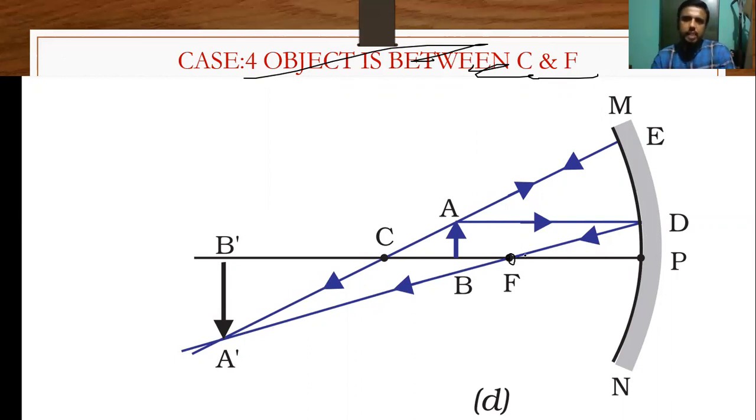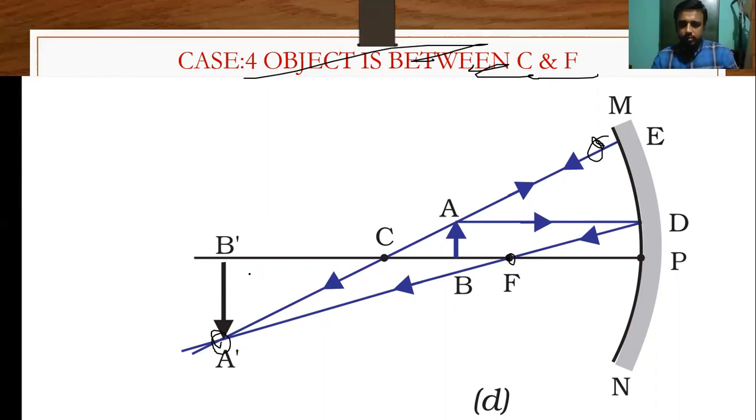Similarly, one ray passing through the point A strikes the point M and retraces its path through the center of curvature C. Both rays intersect at the point A dash and B dash, which means the image is formed at A dash B dash.